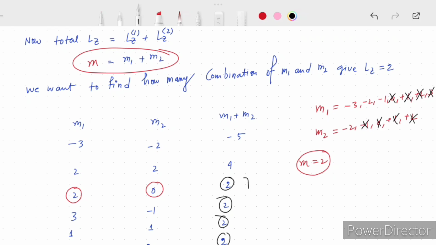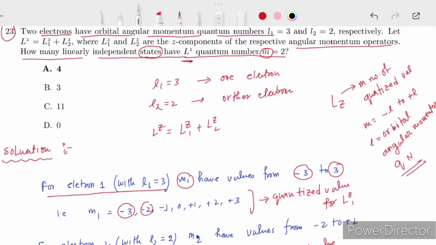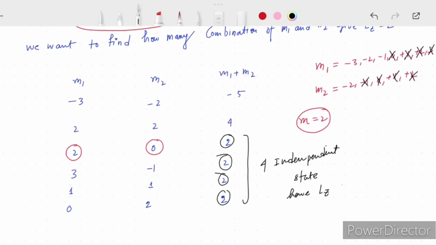So we get 4 independent states having Lz quantum number M equals 2.